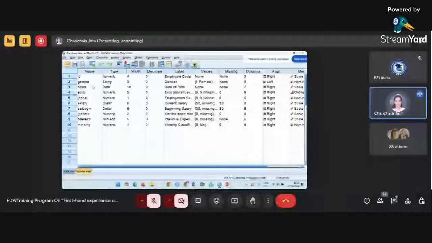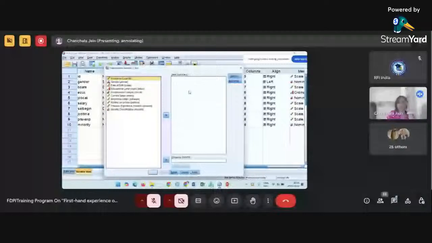You can cancel this. Now you can go to your actual file and go to the variable view.